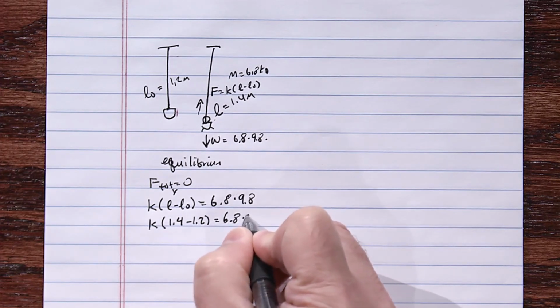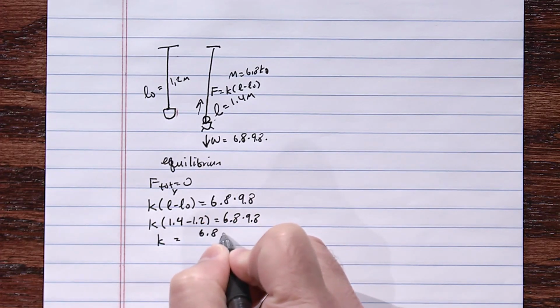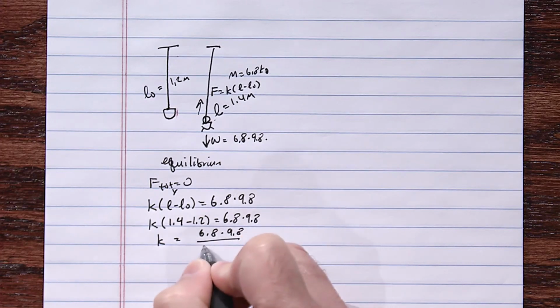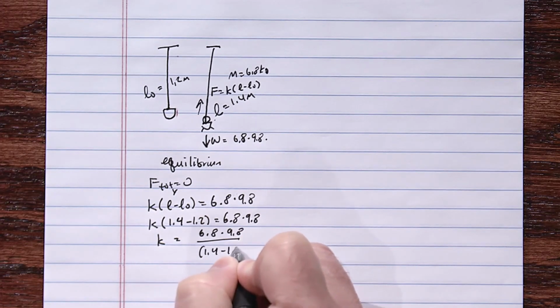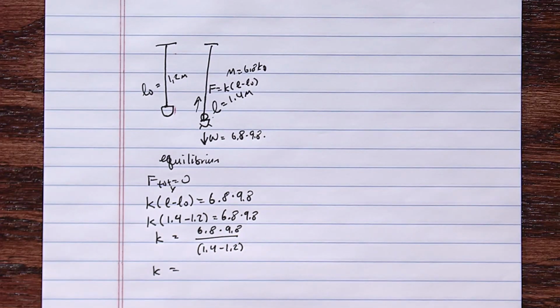That gives us a K of 6.8 times 9.8 divided by 1.4 minus 1.2, and that gives us a spring constant of 333 newtons per meter.